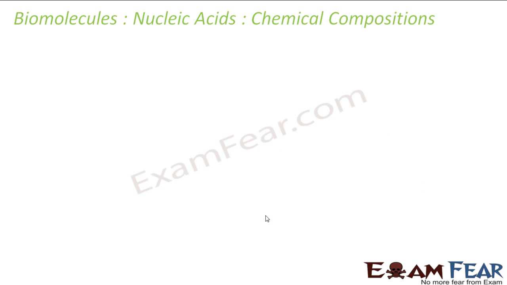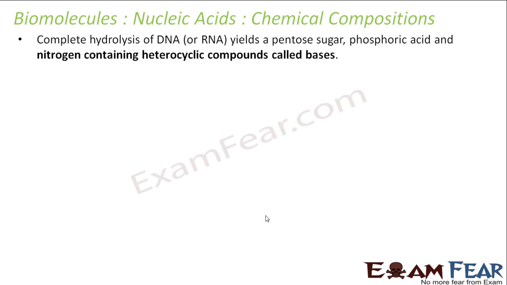Correct? So let's see the chemical composition of nucleic acids. Let's understand the nucleic acids more from the chemistry perspective, and here we will talk about the nucleotides also. When you do a complete hydrolysis of DNA or RNA, to understand the chemical composition, the best way is to do reverse engineering.